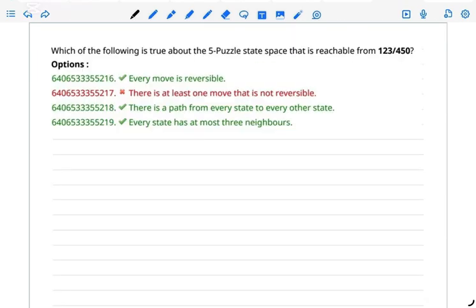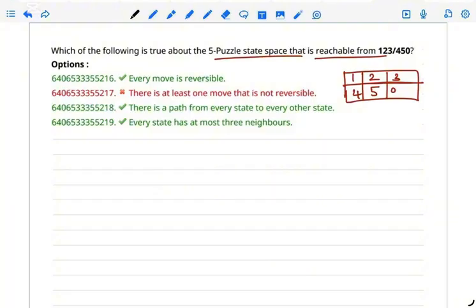It is true about the 5 puzzle state space, which is reachable from the 1 2 3 4 5 0 state. That is the initial state. 1 2 3 4 5 0, where 0 is the empty space. So every move is reversible. This option is correct because there is one empty space.